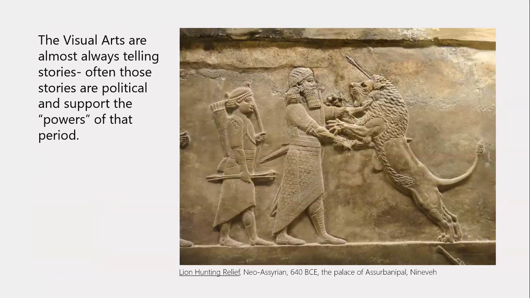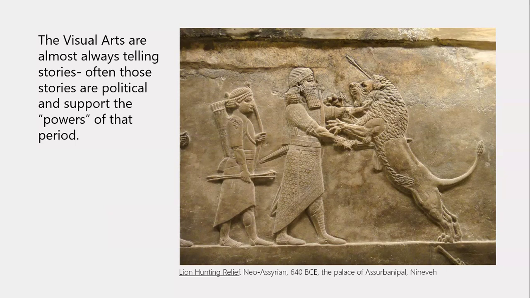It's about telling stories, and how oftentimes that is very hard to separate from political propaganda, from stories of power. Here we have one of the reliefs from the palace of Ashurbanipal in Nineveh, and there is the king of kings himself, Ashurbanipal, holding this lion back with one hand at the neck, choking it, and then stabbing it with his steely sword right in the heart.